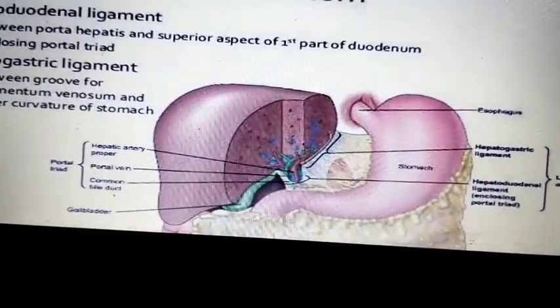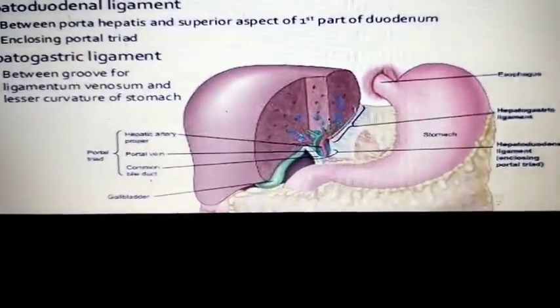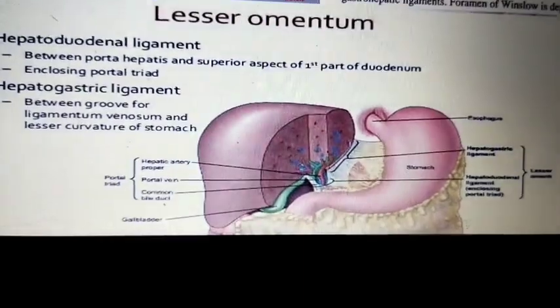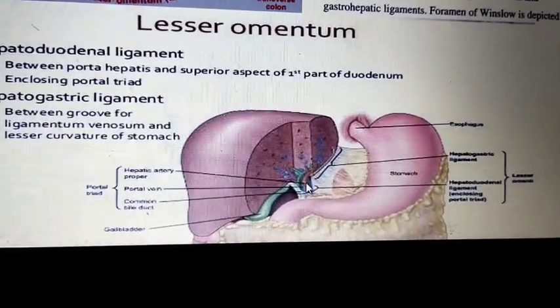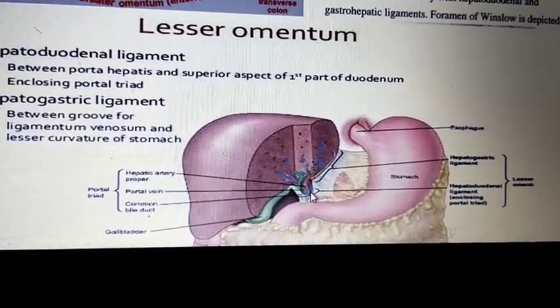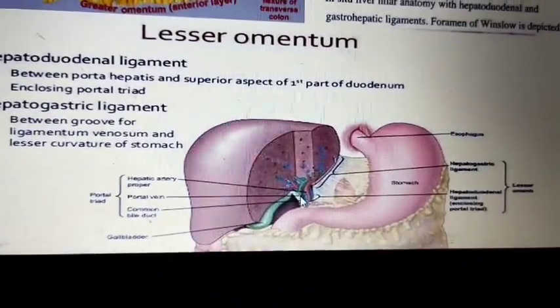You can see in this picture also, this is a portal triad. This is the hepatic artery, this is the portal vein, and this is the bile duct.